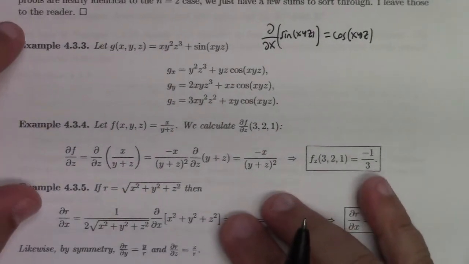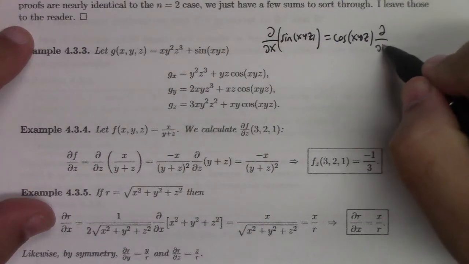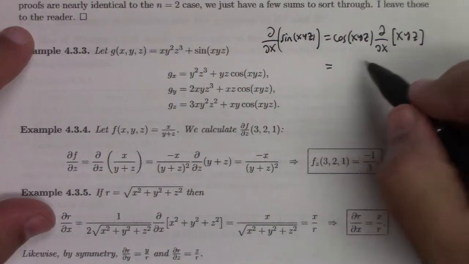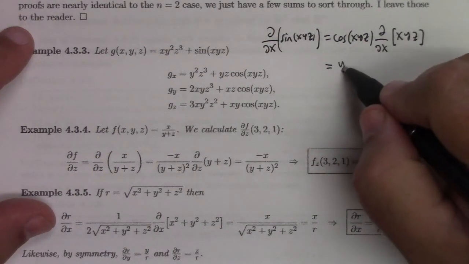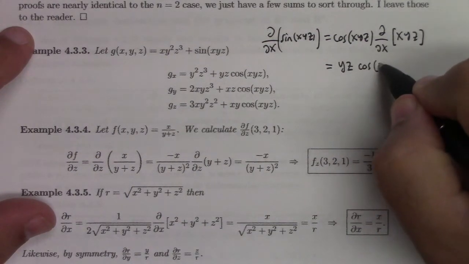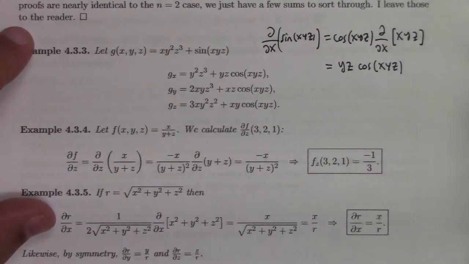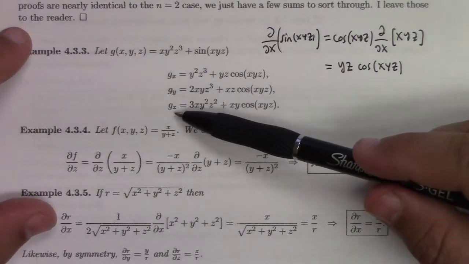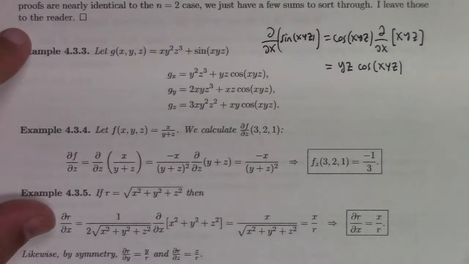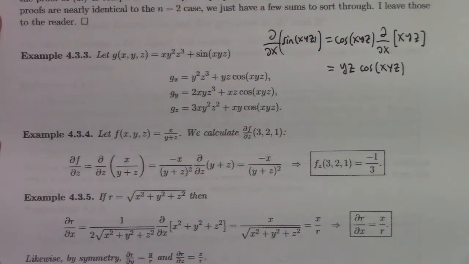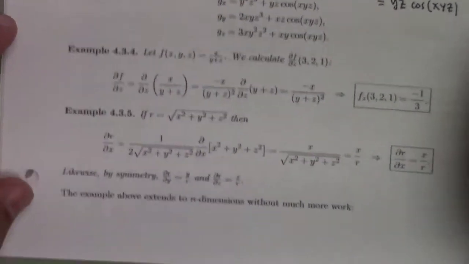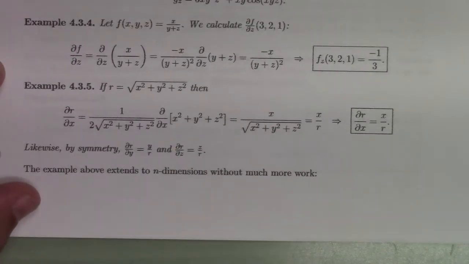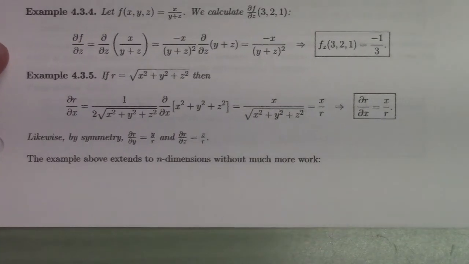Cosine of xyz times partial partial x of xyz, which differentiates to just y times z. So we get yz cosine of xyz. And by almost the same pattern, we pick up xz and xy for the y and z derivatives, whereas we got yz for the x derivative.